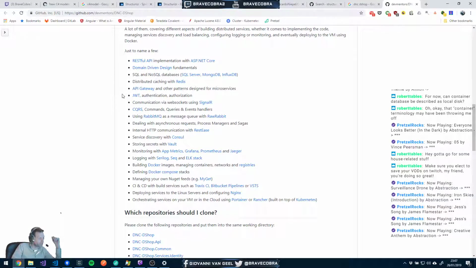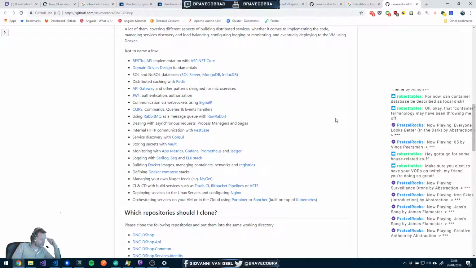They are doing JWT authentication. They're doing pretty good CQRS. They have an API gateway. They have load balancing built in if you want to, through Fabio and Consul.